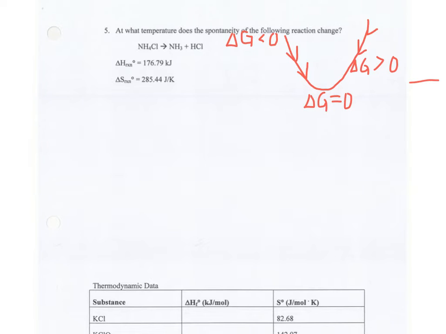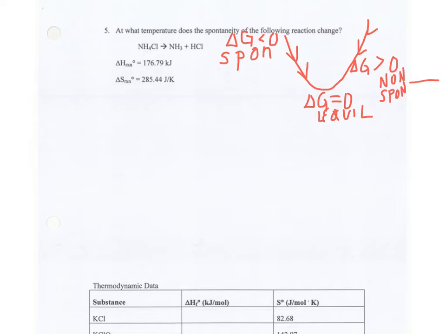Anyway, so in this case, we say the reaction is spontaneous. At delta G equal to 0, the system's at equilibrium, so it's not changing at all. And at delta G greater than 0, then we know it's non-spontaneous. So what we do know then is that there is a point, and it turns out to be temperature.